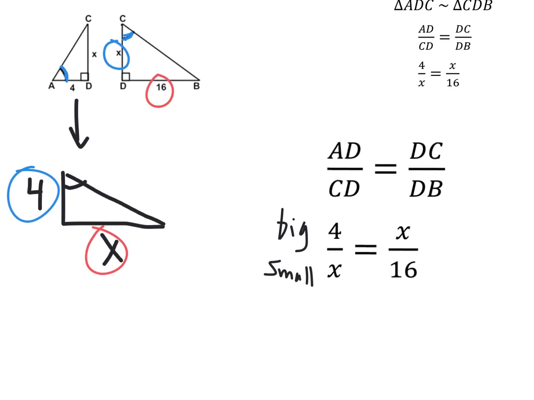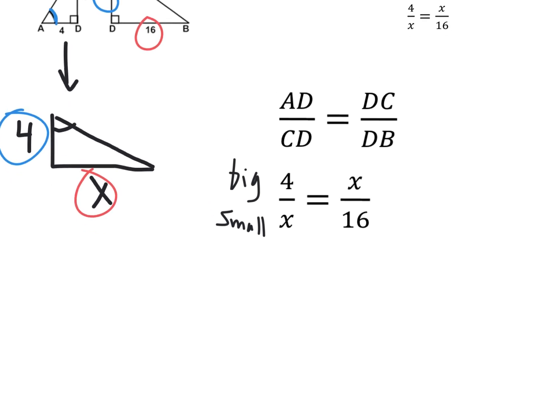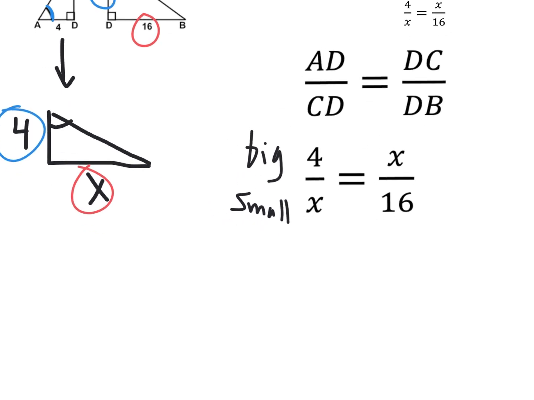Now, the issue we have at this point is that we have two x's here. Normally, we've just had one x, and we find a pattern, and we figure out what it's equal to. In this case, we have an x in a numerator. We have an x in the denominator. So if we don't know what x is, we can't find a pattern between 4 and x, or between x and 16. So this is one case where we are going to cross multiply. I know I kind of skip over this idea a lot of times.